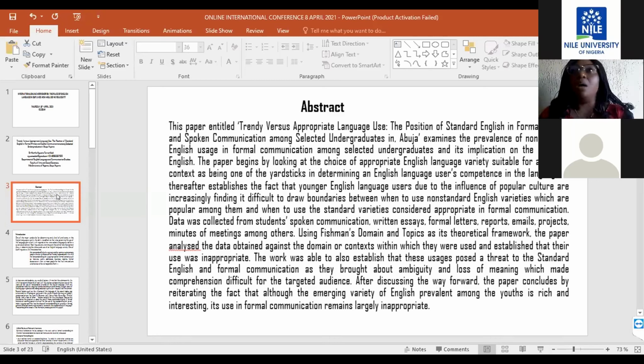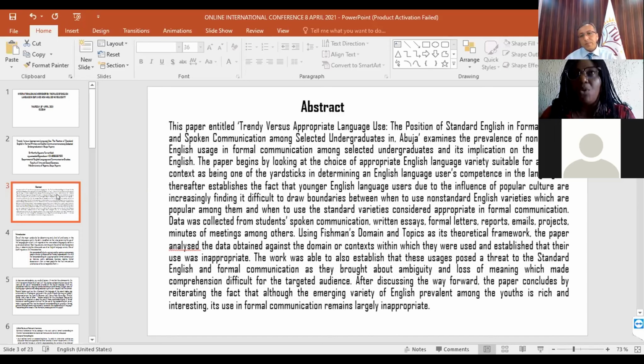Now, of course, apart from Mandarin, which is spoken in China, we all know that the English language is one among the most widely used languages in its spoken and written forms across the globe.